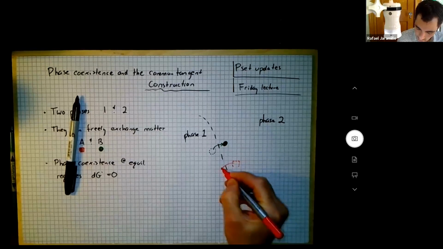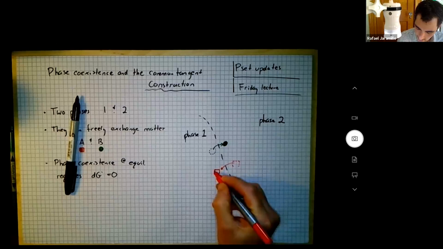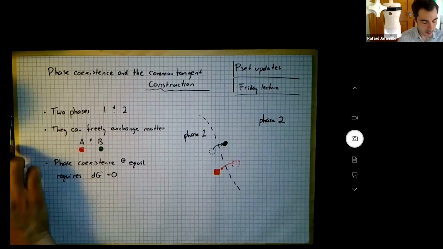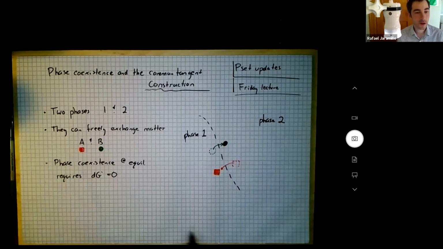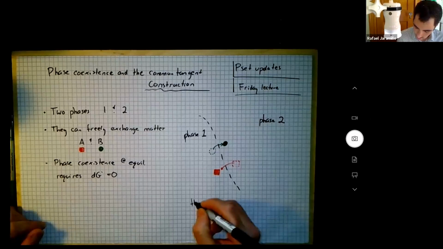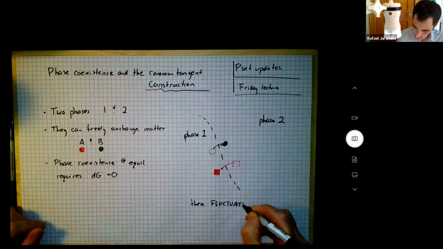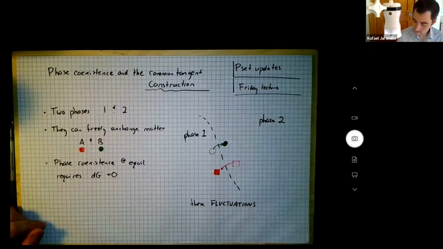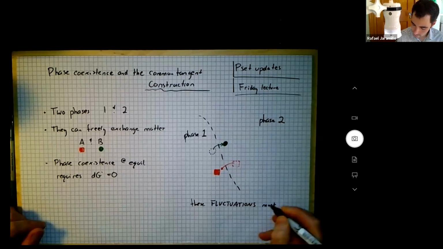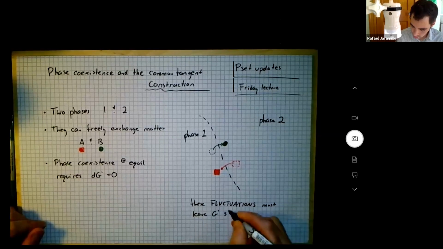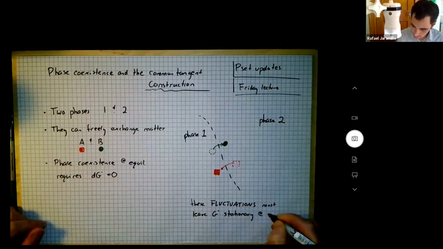So given that these matter exchanges can happen, how do we determine the equilibrium condition? I'm going to say these fluctuations must leave G stationary at equilibrium.